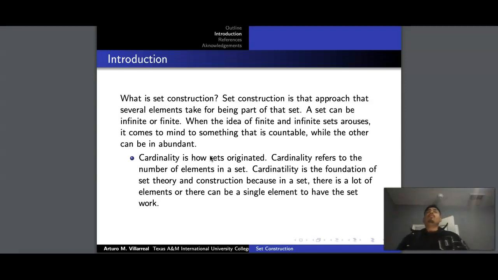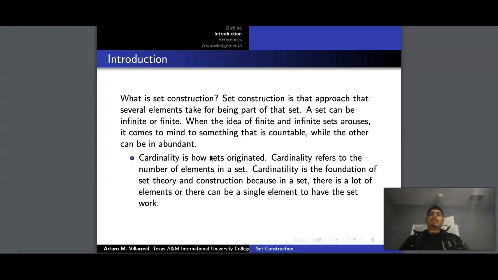If cardinality wasn't invented, mathematicians wouldn't agree with the idea that we don't need to use the English language or English words. Let me go back to a little introduction about English. We know that in English a sentence consists of a noun and a verb.